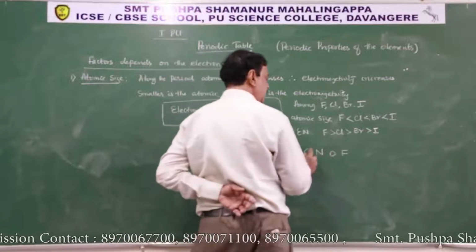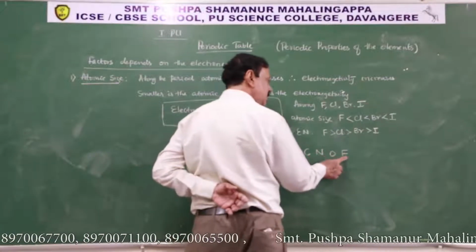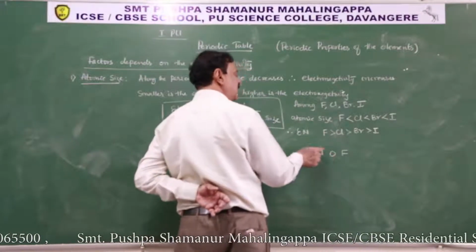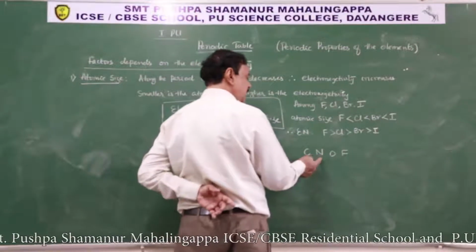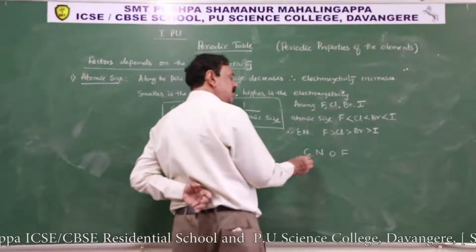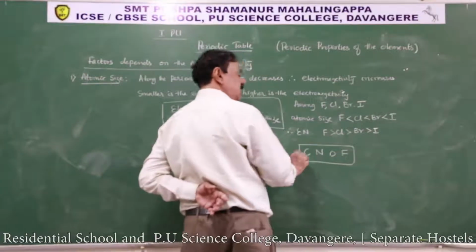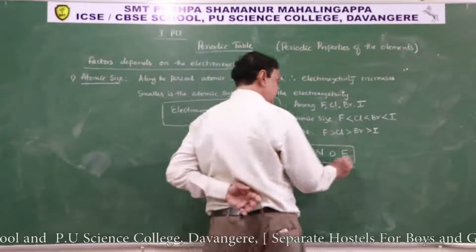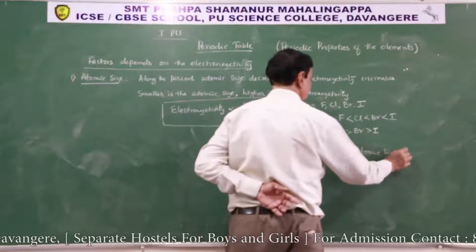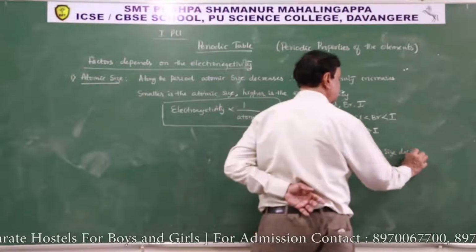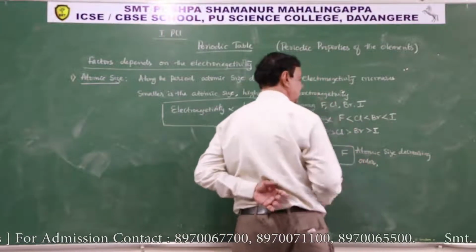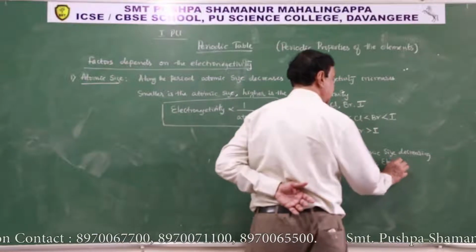Fluorine has a smaller atomic size compared to oxygen, oxygen smaller than nitrogen, and nitrogen smaller than carbon. Here also atomic size is in decreasing order, and electronegativity is in increasing order.